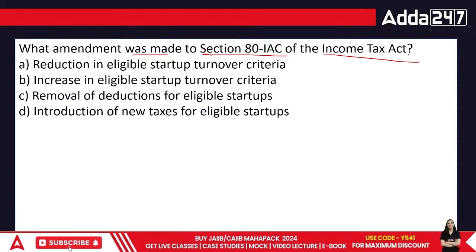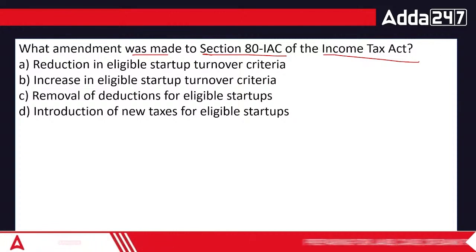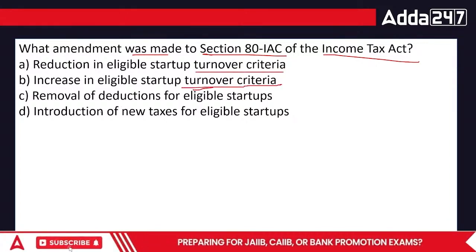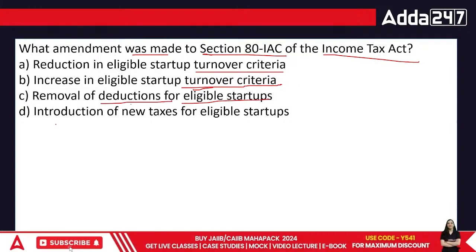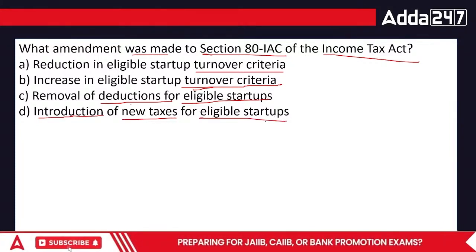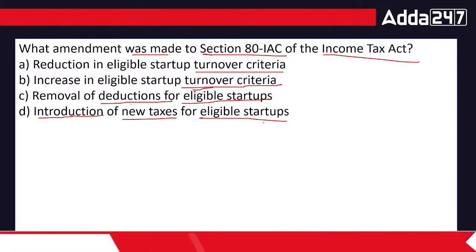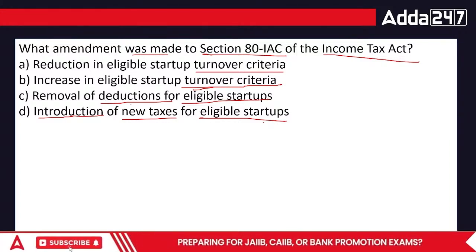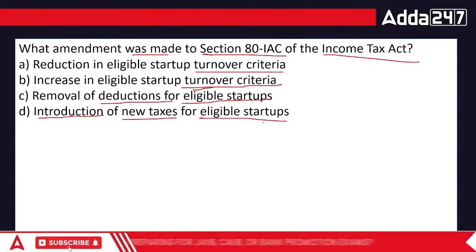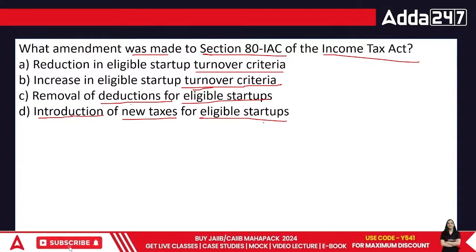This is basically 80 IAC, related to the area of Income Tax Department, where we talk about reduction in the eligible startup turnover criteria, increase in the eligible startup turnover criteria, removal of deductions from eligible startups, and introduction of new taxes for eligible startups. What's going to be the answer?